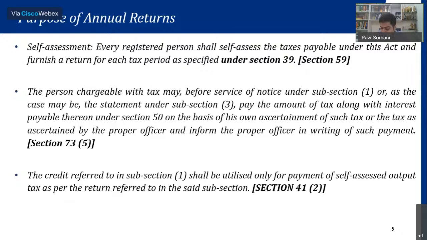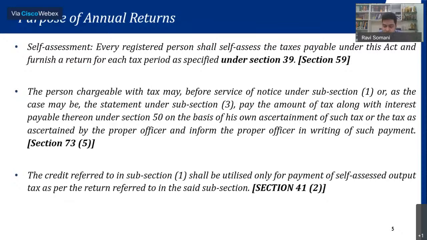Now, one of the fundamental issues as far as the outward supplies is concerned is, what is this annual return? Is it a self-assessment, or is it an auditor's assessment, or is it a provisional assessment? What is it exactly? And why this question becomes very important is because when you look at the third para in the slide, it says that the credit referred to in sub-section 1 of Section 41 shall be utilized only for payment of self-assessed output tax as per the return referred to in that sub-section.